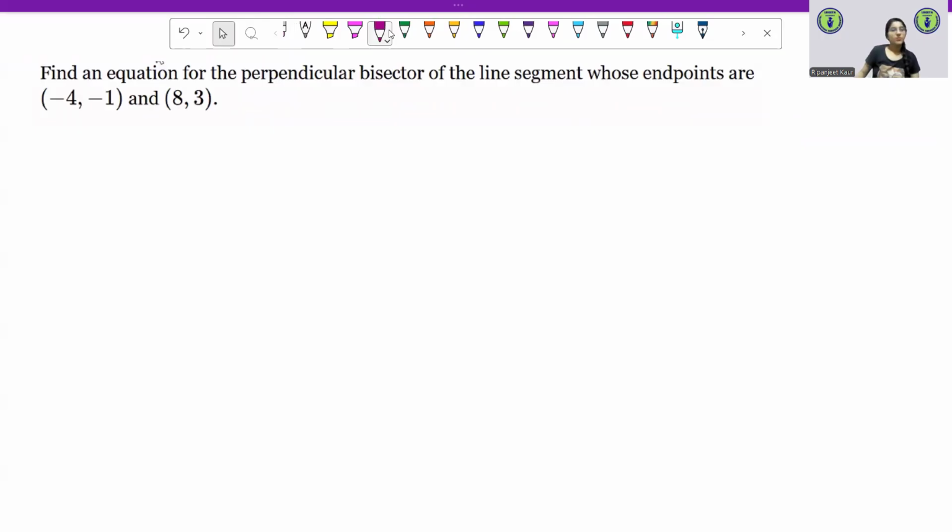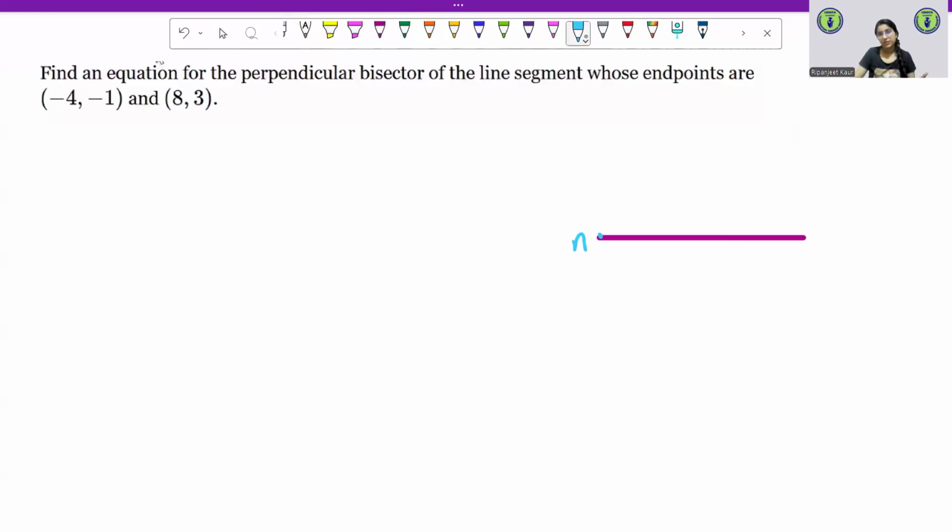Find an equation for the perpendicular bisector of a line segment whose endpoints are -4, -1 and 8, 3. So number one thing is the perpendicular bisector of one line segment. There is a line, and this line has endpoints.